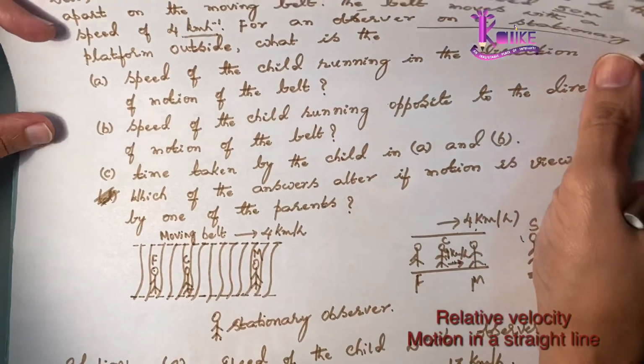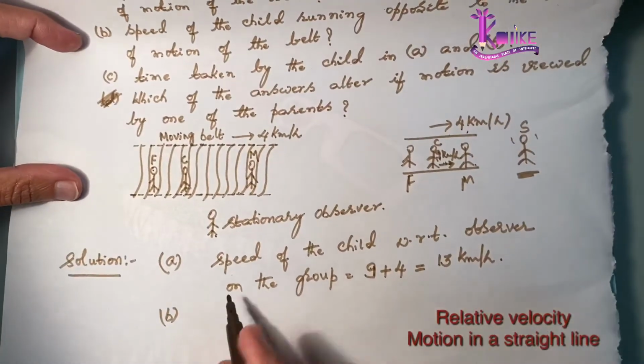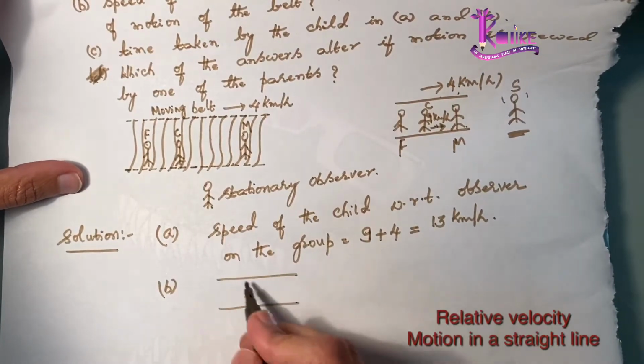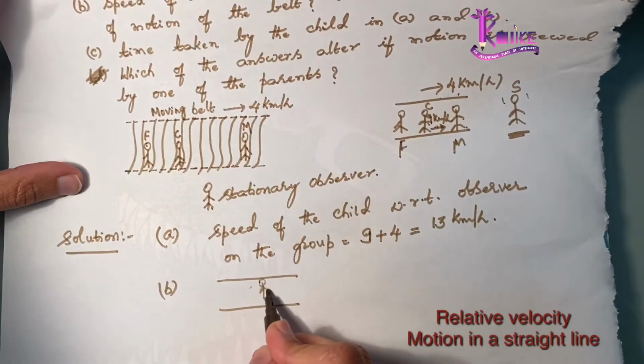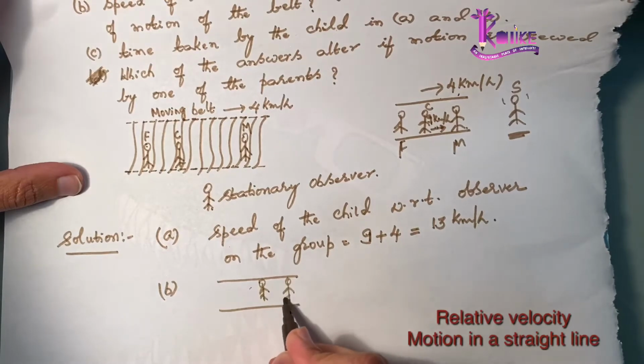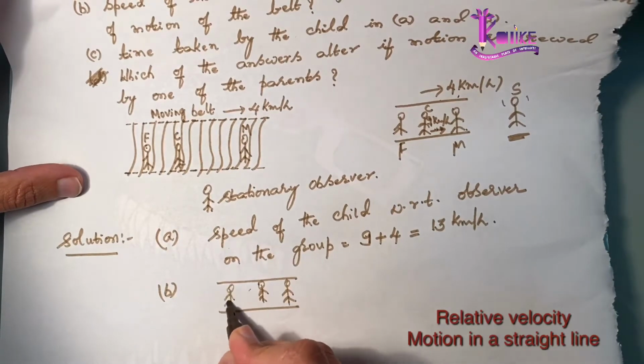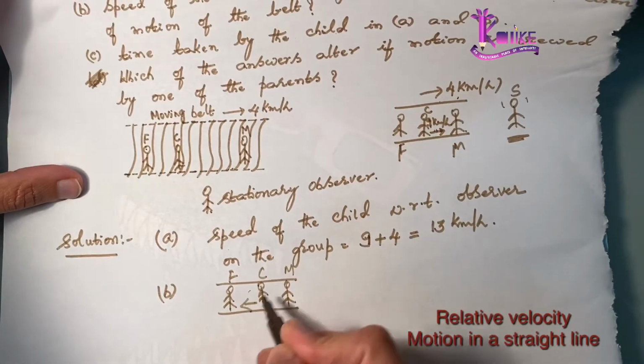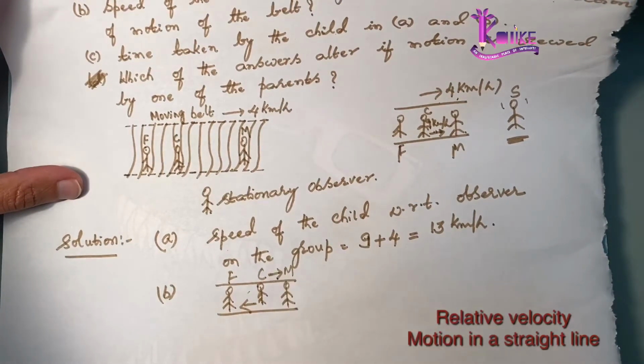So in the second case, what happens? The child is moving in the opposite direction. So this is the father, mother, and the child. The child is moving in this direction, whereas the belt is moving in this direction.